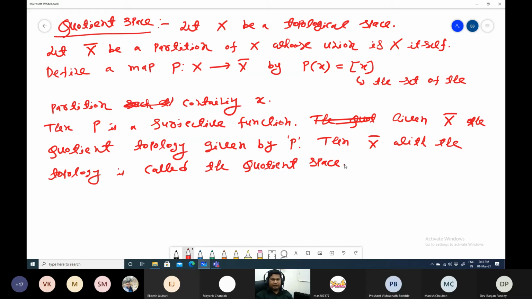Now you are confused a little bit, right? What is the definition? Actually, what we do is: you have an x, which is a set, and from the elements of x we make many subsets. We take a partition of such subsets whose union will be x itself. So what is x? x is a set. What is x bar? X bar is a collection of disjoint subsets of x. And we define a surjective map so that x goes to the set containing x.